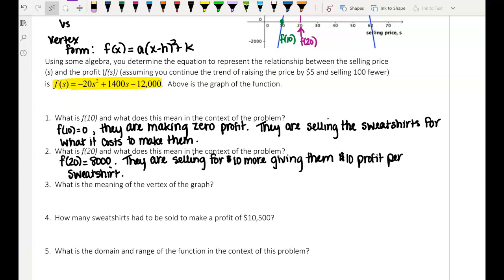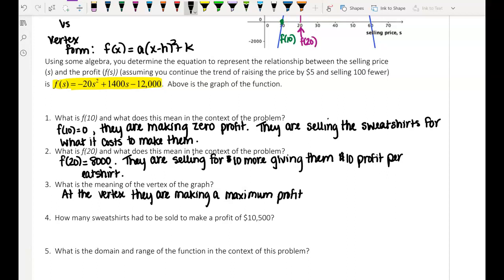So the meaning, so at the vertex, they are making a maximum profit of $12,500 and selling the sweatshirt for $35.